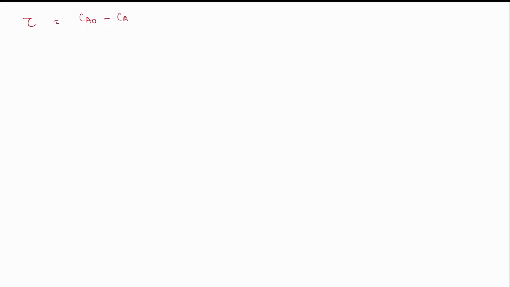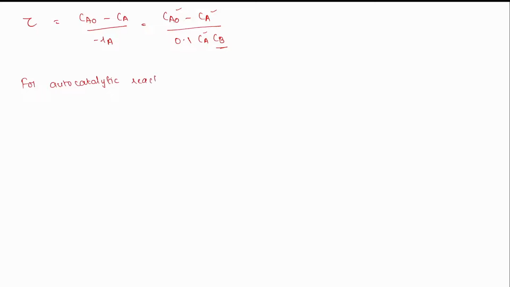So tau is equal to Ca0 minus Ca by minus Ra, which is Ca0 minus Ca by 0.1 CaCb. Here we have the value for Ca0. We just found the value for Ca from Ca is equal to Ca0 into 1 minus Xa, which came to be 0.1, but we don't have the value for Cb. So to find the value for Cb, we can do the following.